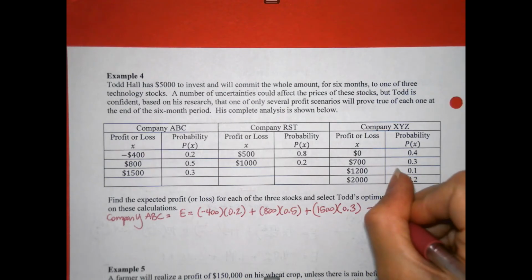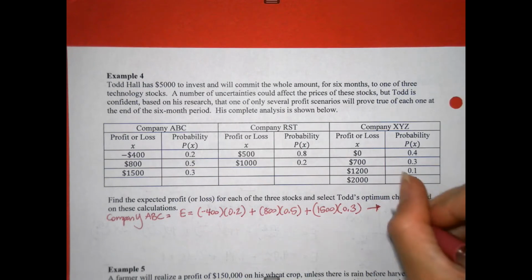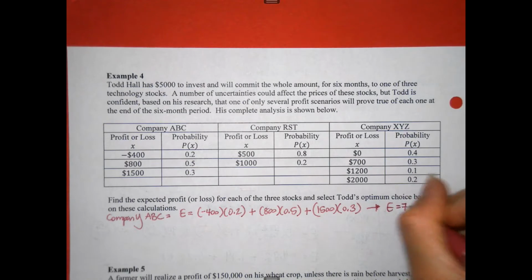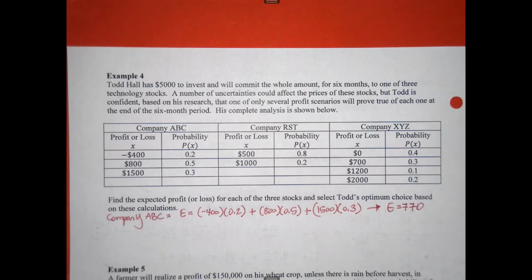When we put that into our calculator, we end up with an expected value of 770. He is expected to have a profit of $770.